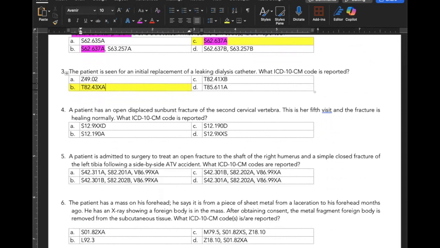Number 4, we have a patient has an open displaced sunburst fracture of the second cervical vertebrae. This is her 5th visit and the fracture is healing normally. So what is our condition or main term we're going to look up?